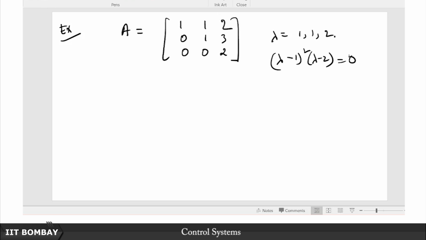So you equate that to 0 and that will give you these 3 roots with one being a repeated root.